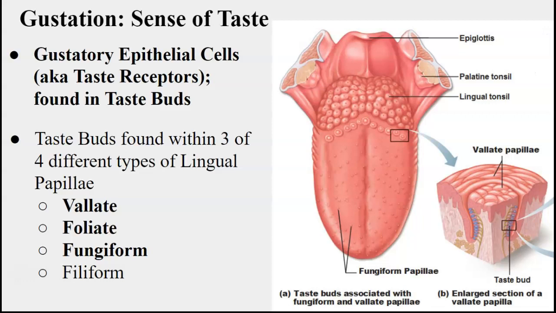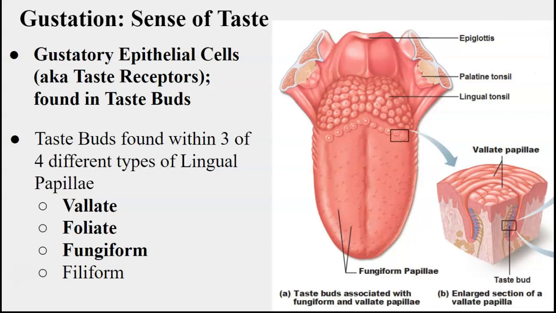There's vallate papillae, foliate papillae, fungiform papillae, and filiform. The 3 highlighted or bolded ones are ones that you do have taste buds in. The filiform ones do not have taste buds in them.